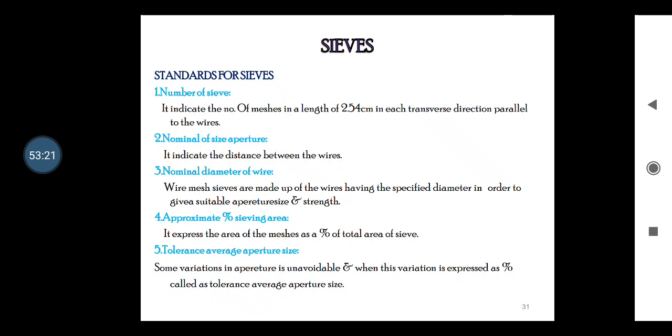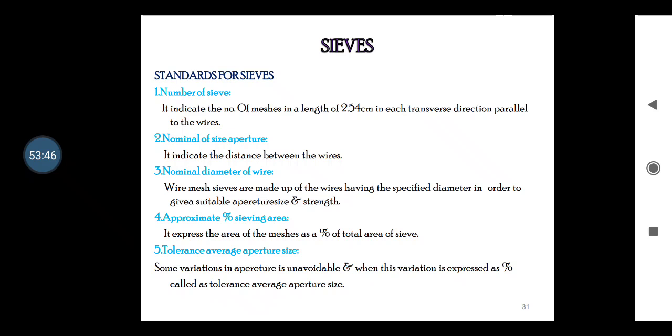The next one is the nominal wire diameter. The wire used in wire mesh sieves has a specified diameter which provides a suitable aperture size and sufficient strength so that sieve distortions can be avoided. So this is all about the nominal diameter of the wire.